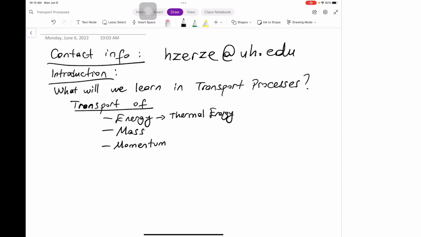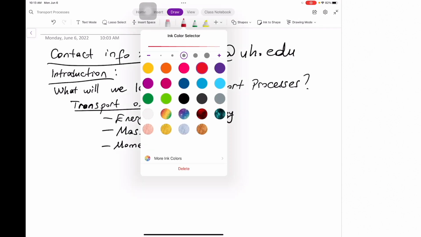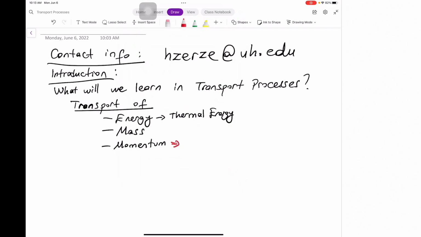And in the fluid mechanics course, you have already seen the momentum transport. In this class, on the other hand, we're going to talk particularly about mass and thermal energy transport.